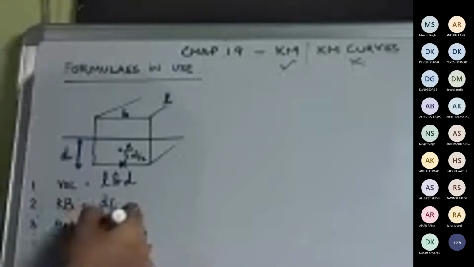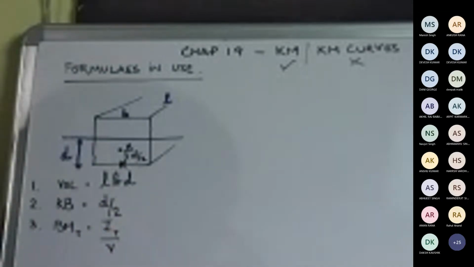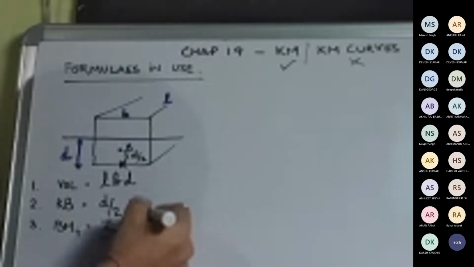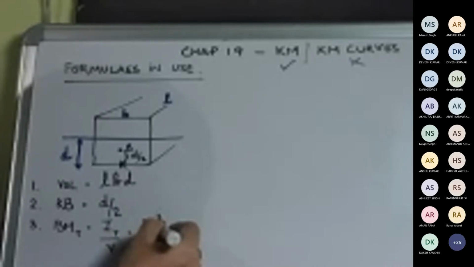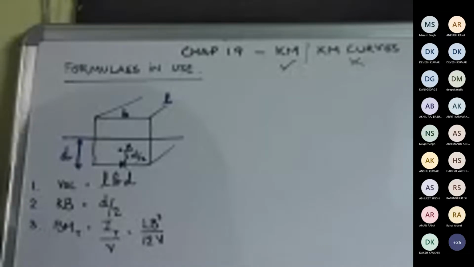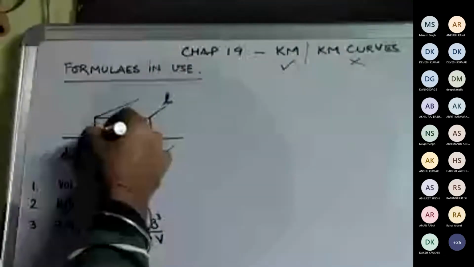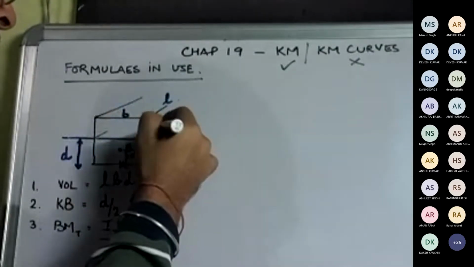The BMT is IT by V, moment of inertia transverse divided by underwater volume, and moment of inertia transverse for a rectangular water plane is given by the formula LB cube by 12.